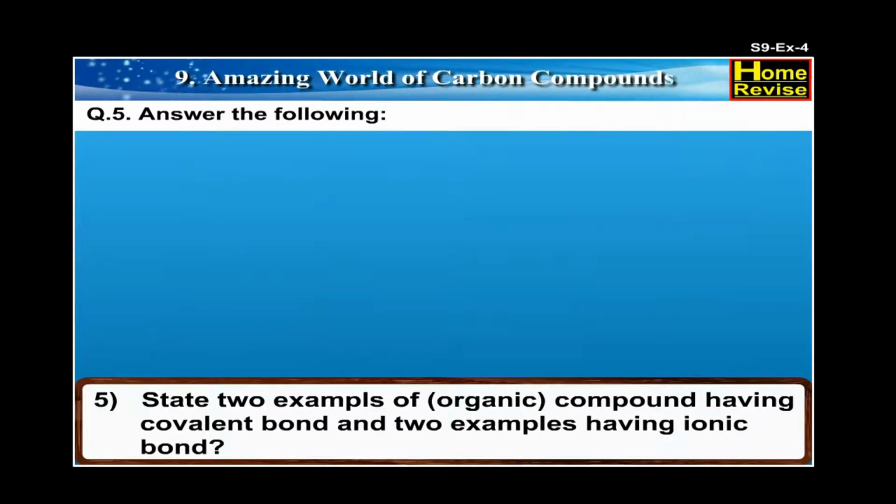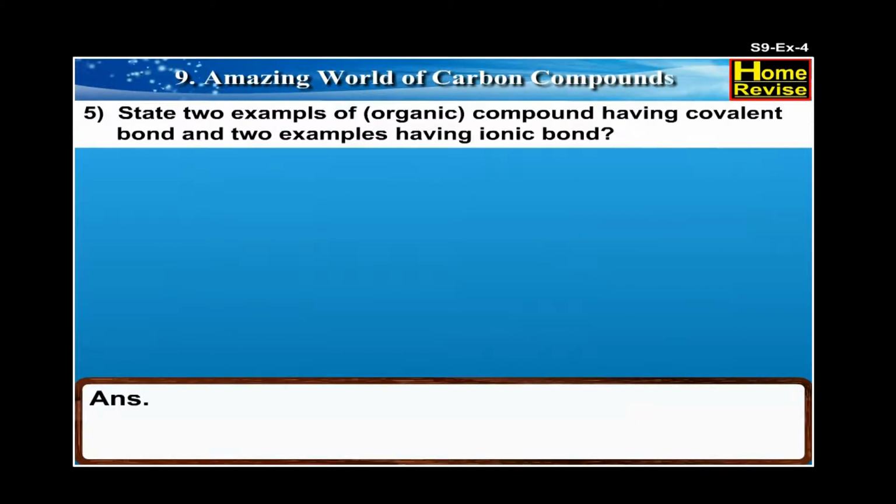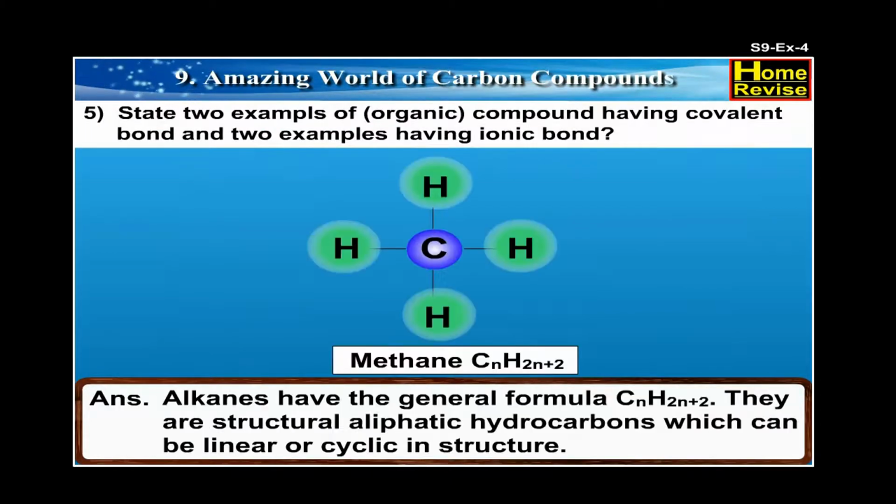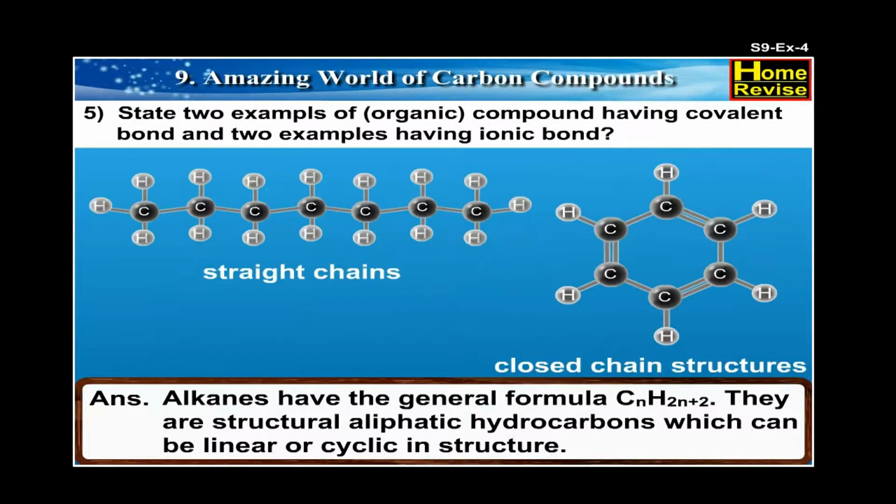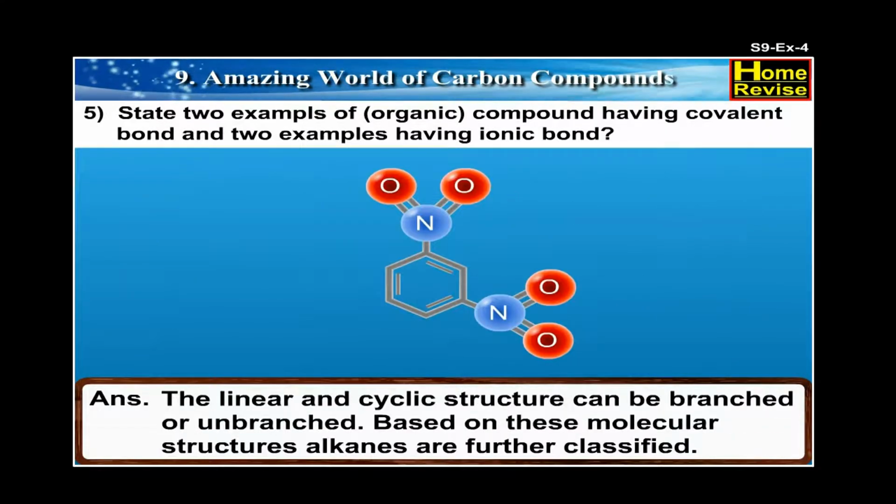Fifth, state and explain how are alkanes further classified. Answer. Alkanes have the general formula CnH2n plus 2. They are structural aliphatic hydrocarbons which can be linear or cyclic in structure. The linear and cyclic structure can be branched or unbranched.